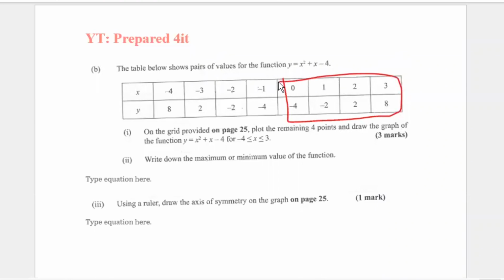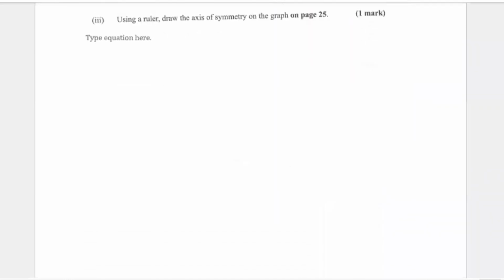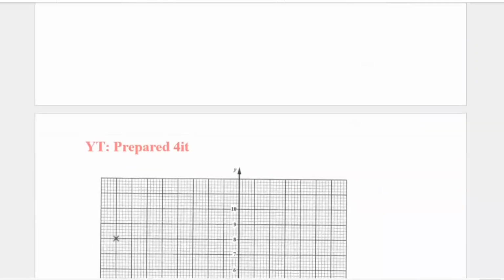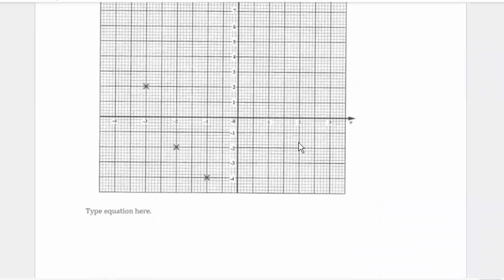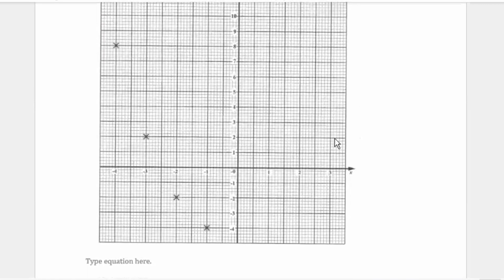So they want us to plot these. It is 0, -4, which means 0 from our x-axis, -4 from our y.